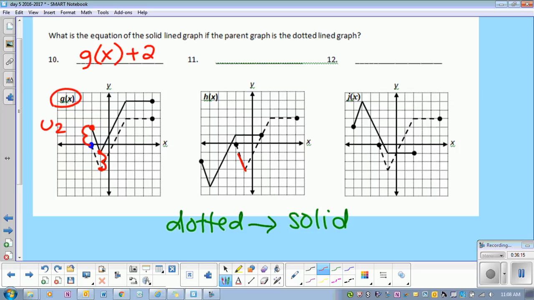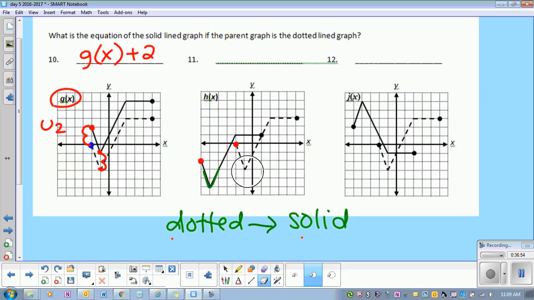Let's look at the next guy then. All right, the next one, these are both V's, so it didn't flip, right? Okay. We're going from the dotted to the solid, so I'm going to start with the dotted here. And how did it end up over here? Reflects? Okay, that's what I was talking about. It only reflects if it goes from this shape to like that shape, right? But remember how in the beginning I double checked? I want to make sure it goes from a V to a V, so it doesn't reflect, okay?